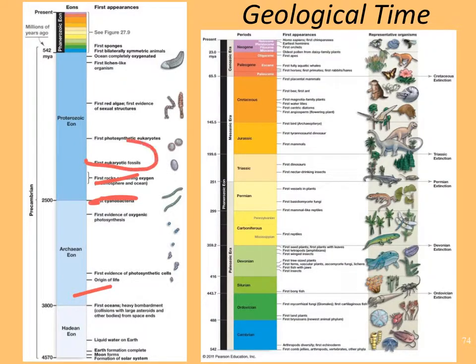Then there were also the first eukaryotic cells. Bacteria and archaea don't have a nucleus and they don't have organelles. But eukaryotic cells do. They have a nucleus and they have organelles like mitochondria and, for photosynthetic cells, chloroplasts. In fact, it looks like eukaryotic cells began when different life forms started living in a symbiotic relationship.